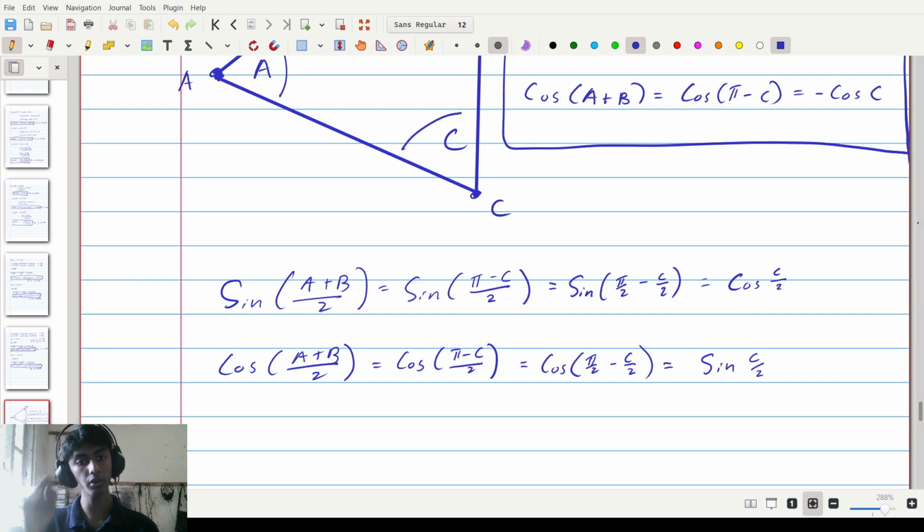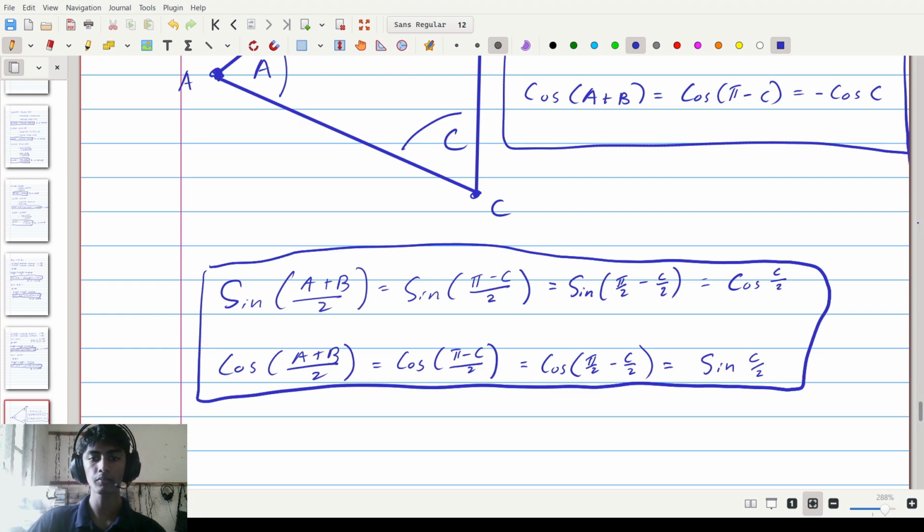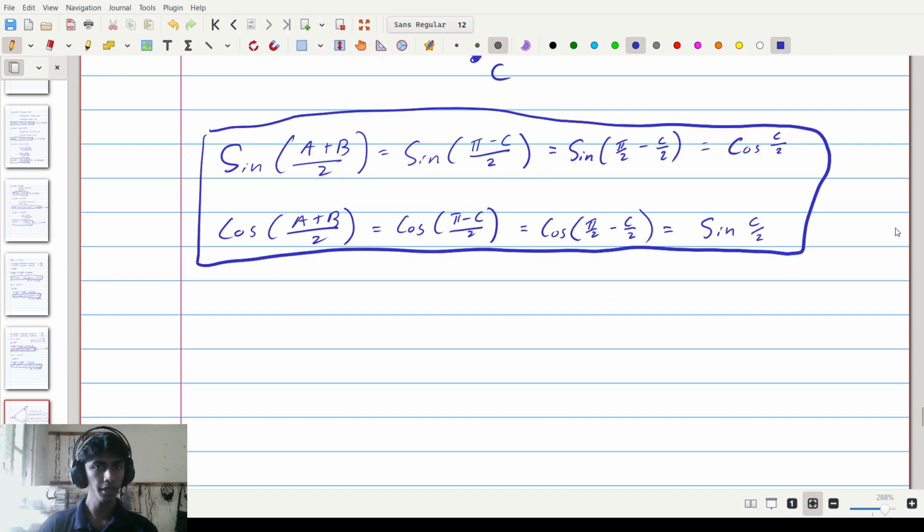We can also, of course, if you really want to try, use our sum of angles formulae to solve this as well. Consider sine of pi by 2 minus C by 2 and substitute it into the sine of A minus B formula, which we'll actually quickly do as a demonstration to show that our theory works.